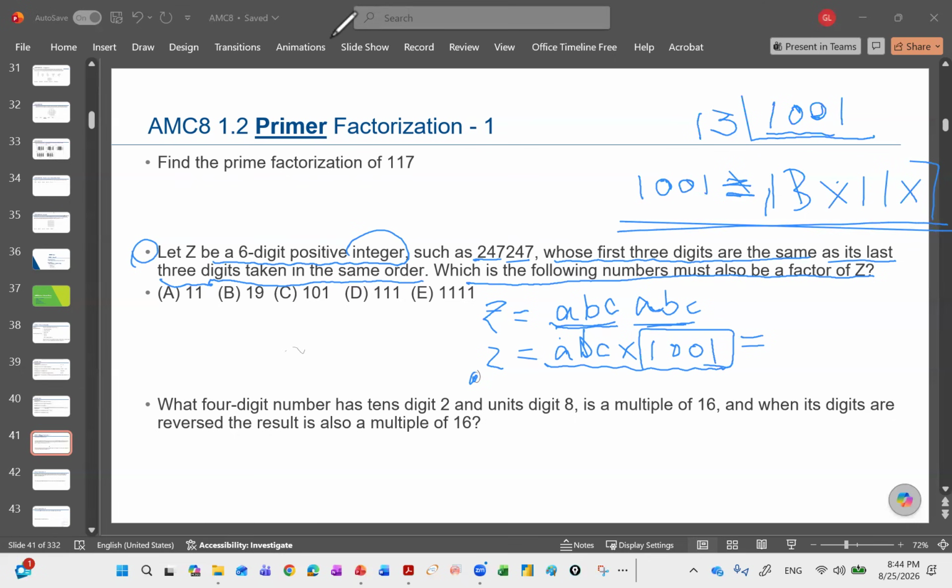You can check it: 13 times 7 is 91. So you can see here that it is divisible by 11. The others are not right. So sometimes you need to remember 1001. Actually, it's not a prime number. It has three different prime factors.